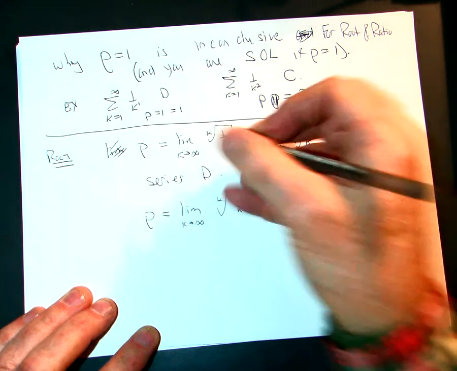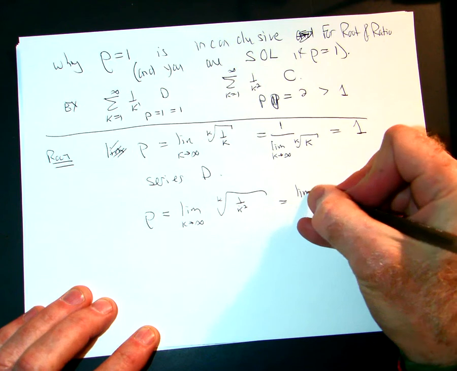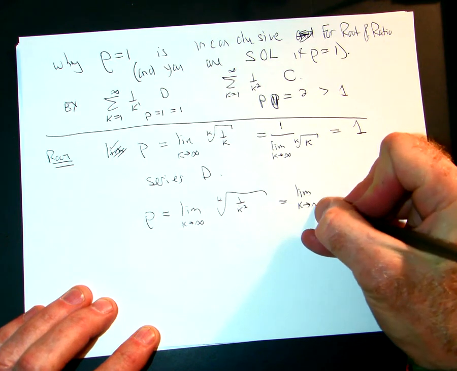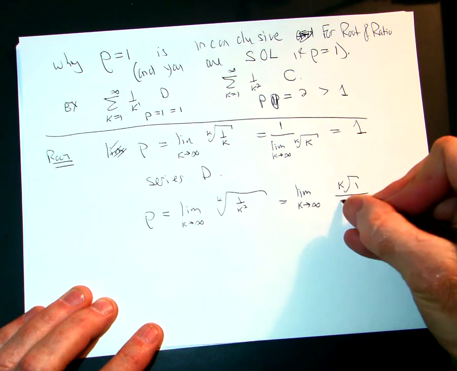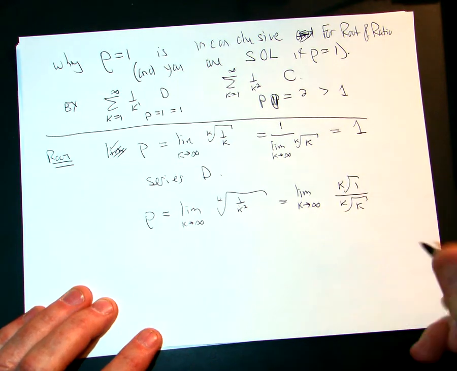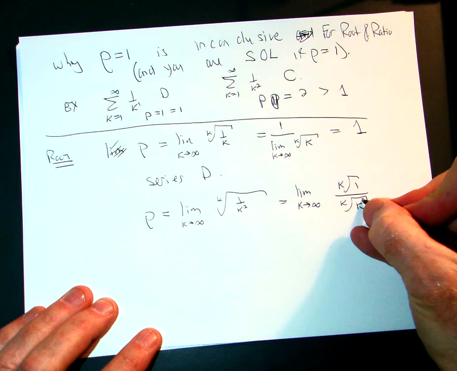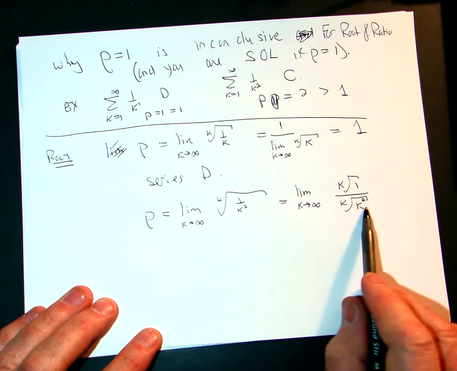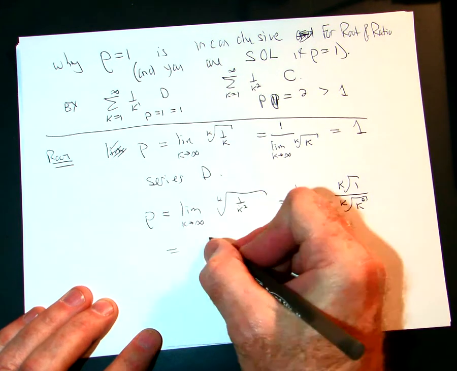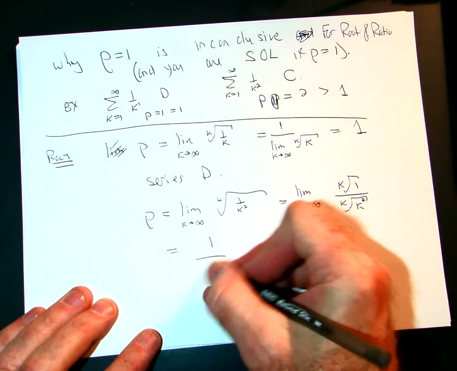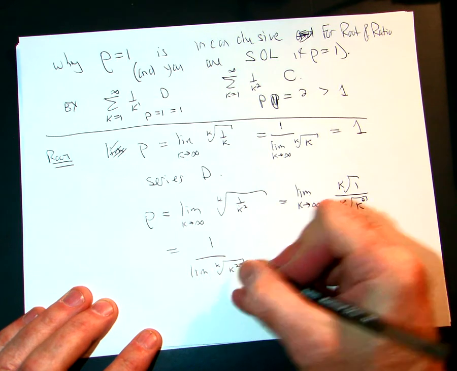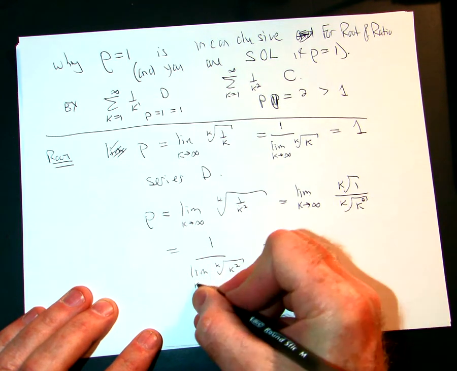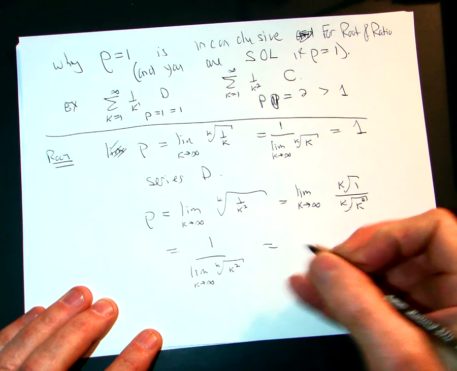I probably should have done the last one slower, so I'll do this one a little slower. So what this is saying is that this limit is equal to this limit. The top here gives me 1. That's what I have in the bottom. We saw in class that this limit is also 1, but I'll show you why.